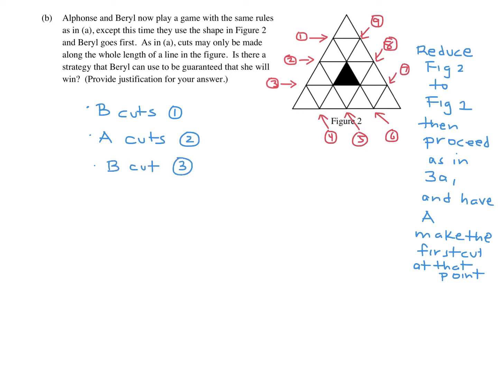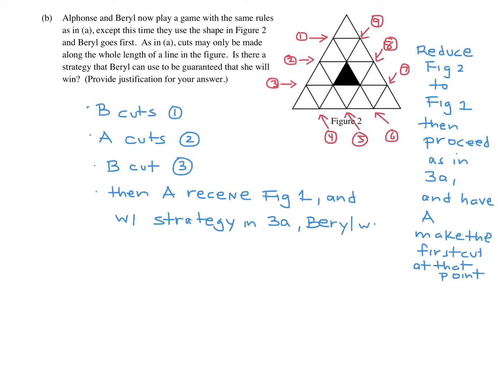So once that cut is made, that cut is made, and that cut is made, we have reduced the shape to just looking like figure 1. Correct? And then the next turn, it's A's turn, and he will receive essentially figure 1. And with the same strategy in 3A, Beryl will win. So as you can see, this scenario makes Beryl win.